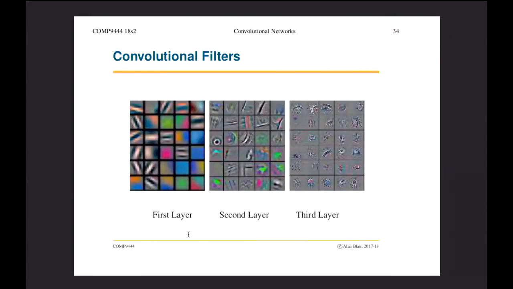This filter is trying to tell you whether there's a line in that direction. And this filter is trying to tell you whether there's some color differential in this direction between bluish and orangish. And so on. So this is the kind of information that the filters are giving us.